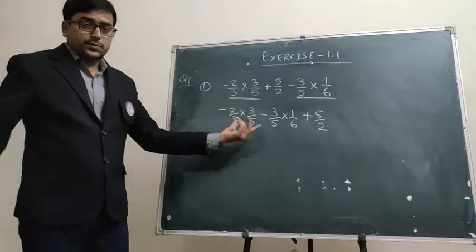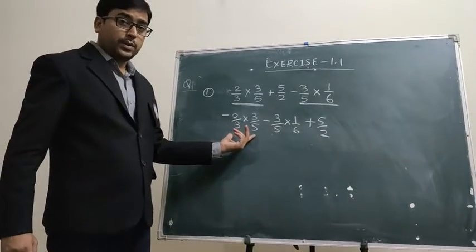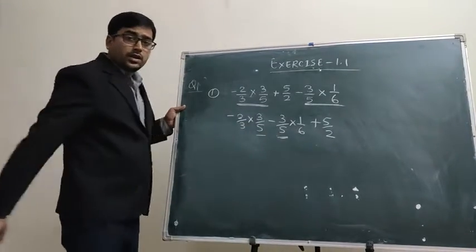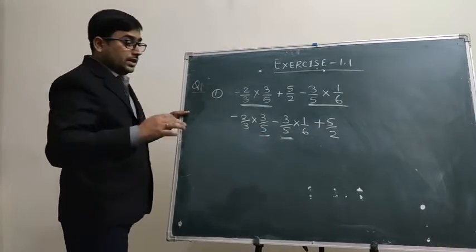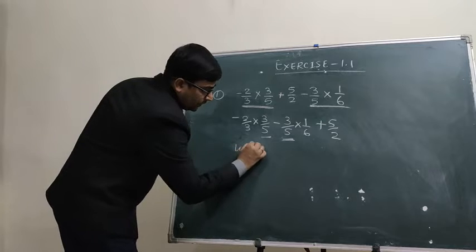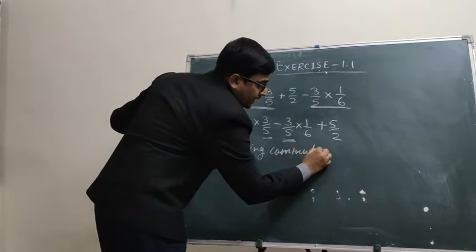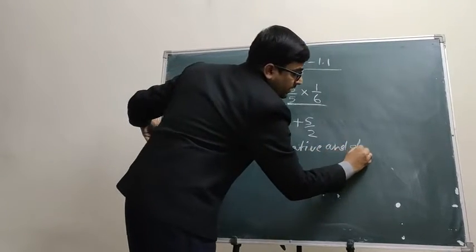Here what we observe? We have already learned about the commutative property for multiplication. Here we use the commutative property and the distributive property.